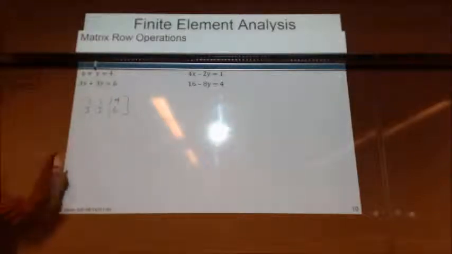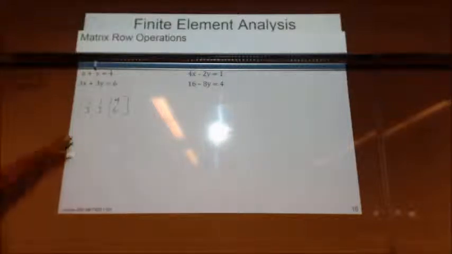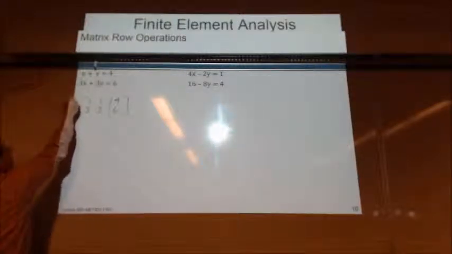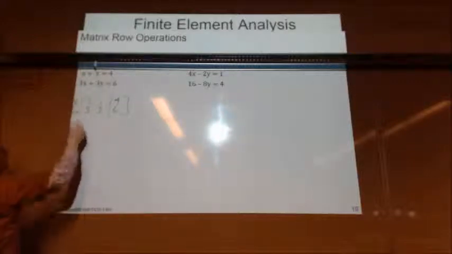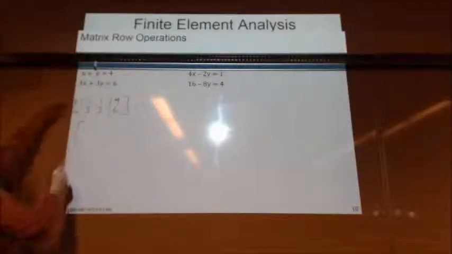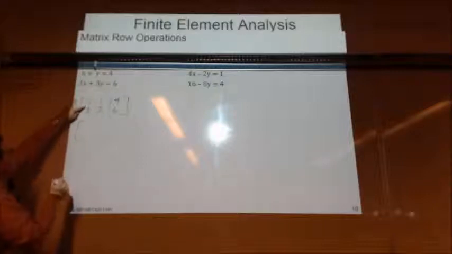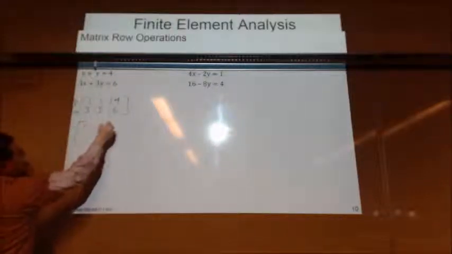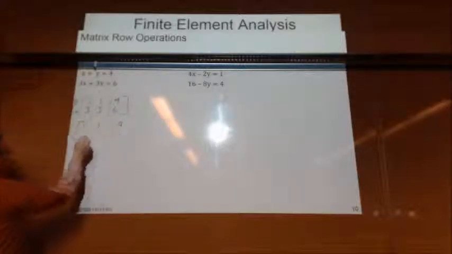Okay, so what should my first operation be? I want to make this go to 0. So if we do -3, add it to that. This row isn't changing, so we'll go ahead and put that one in.